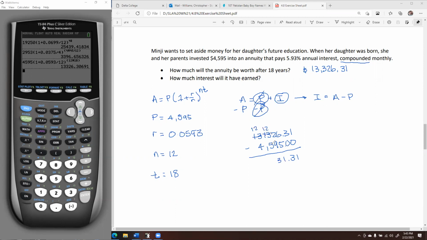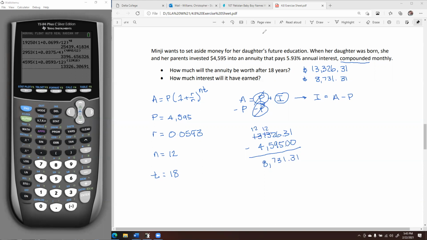That'll be 3. That will be a 7. This will be 8. So after 18 years, this investment will have earned $8,731.31.